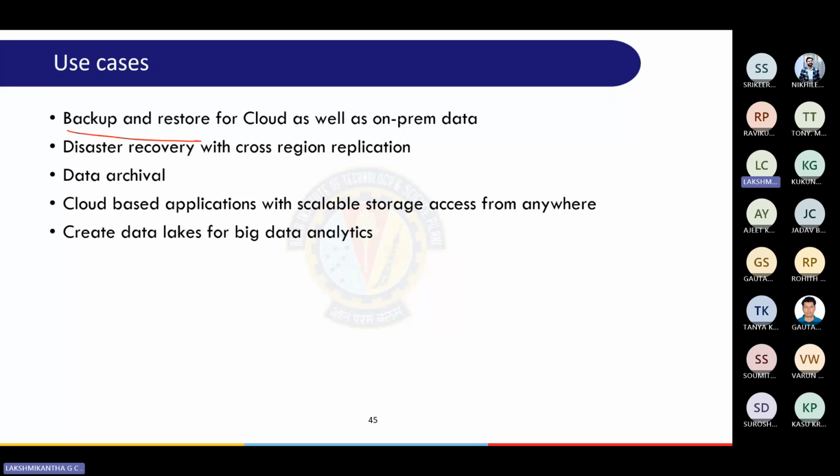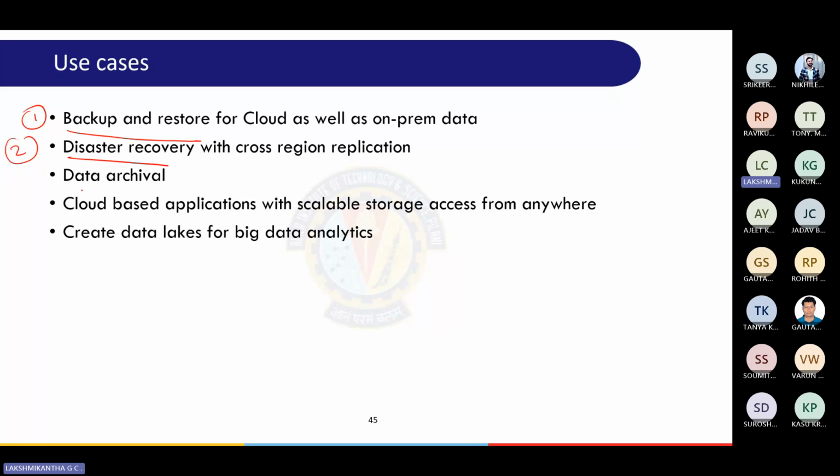It is highly durable, a low-cost destination for backing up your data, both from the cloud and from an on-premise data center. The second one is disaster recovery. Its ability to replicate data across regions makes it ideal for building robust disaster recovery solutions.